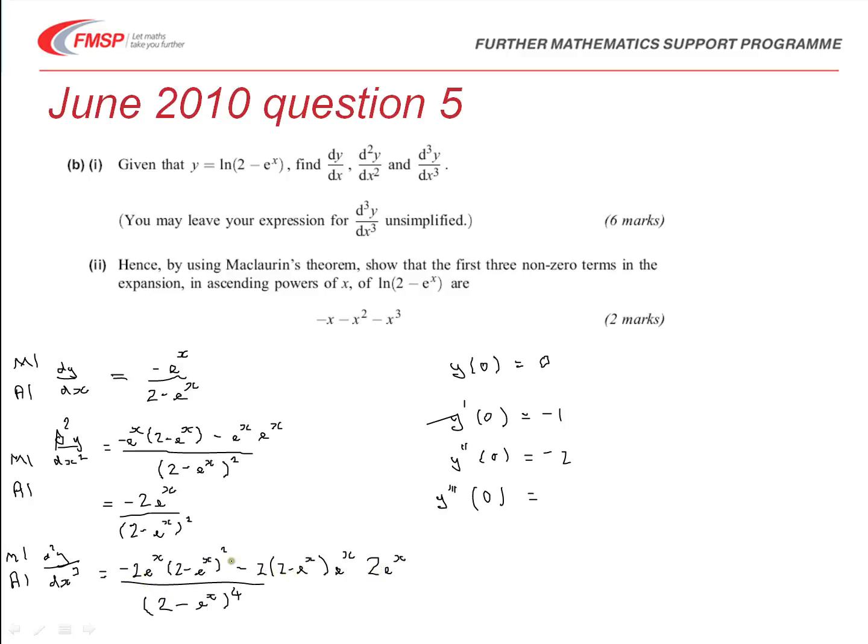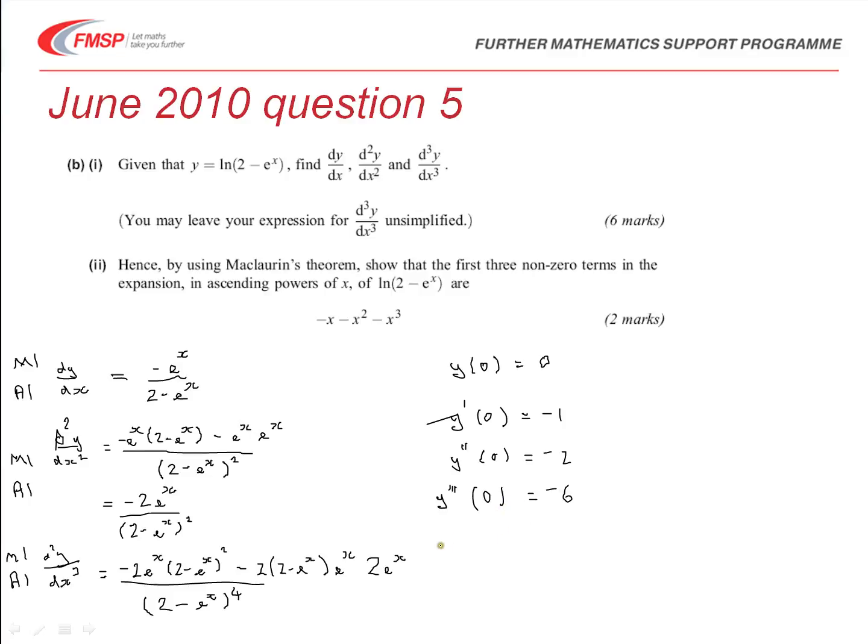So overall we've got minus 6 on the top. The bottom works out to be 1 to the power of 4, so this is just negative 6. I'm very careful there just to keep the ones and all the negative signs in place.